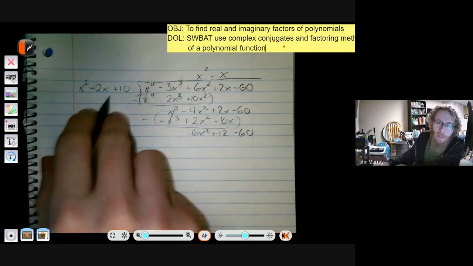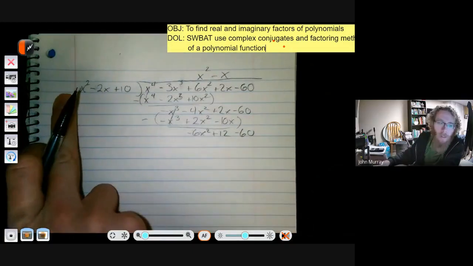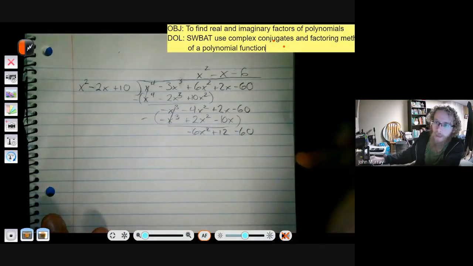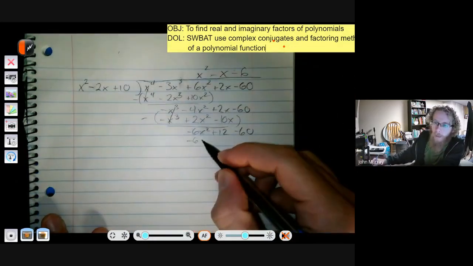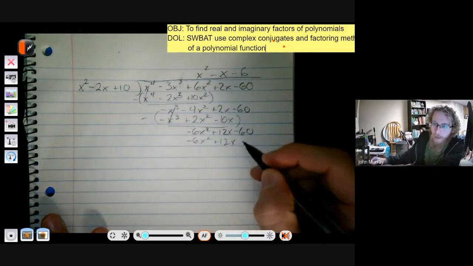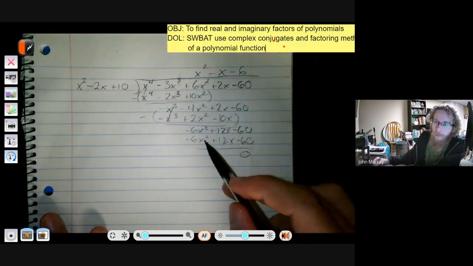Minus 60. Now, because this is a factor, we shouldn't have a remainder. So to get the x squared to look like negative 6x, we just need a negative 6. Negative 6x plus 12x minus 60. Oh, look at that. We get a remainder of 0.